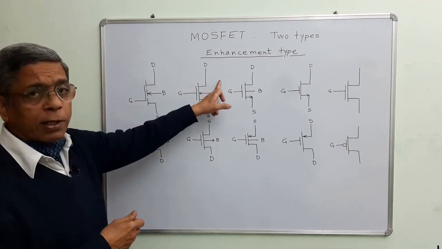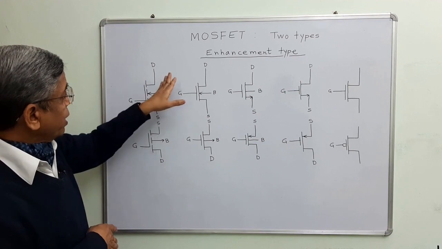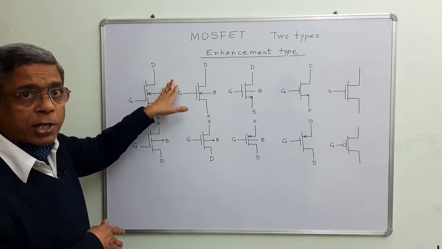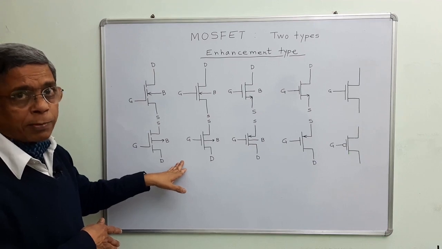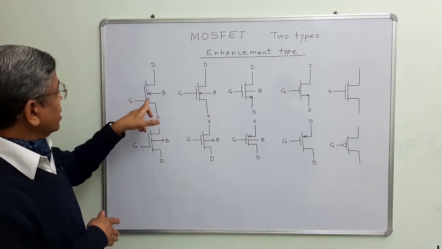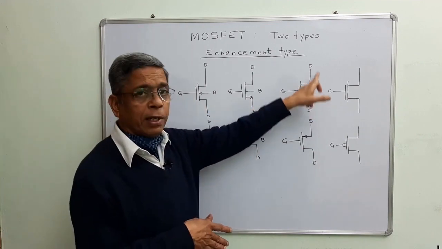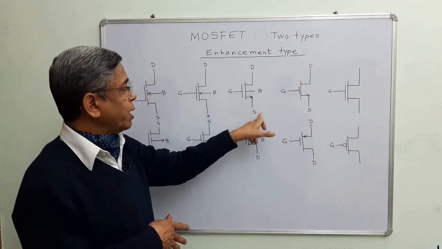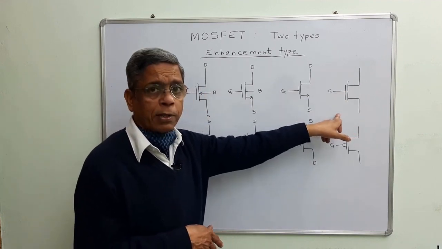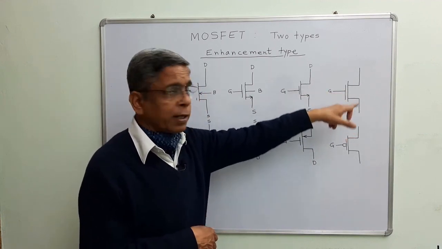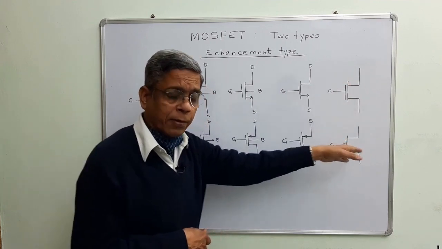Anyway, there are again two different types. This row indicates the symbols for N channel enhancement MOSFET, and this is for P channel enhancement MOSFET. And there are 4 terminals, D, G, S and B. In this symbol, B and S are interconnected, and this is the most modern symbol used for digital circuit designing, and drain and source are not mentioned, they are interchangeable.